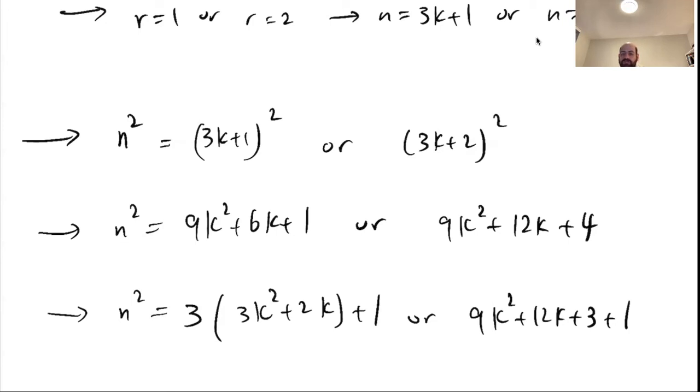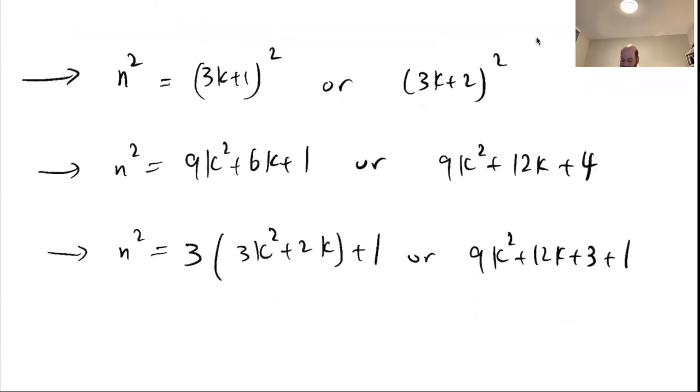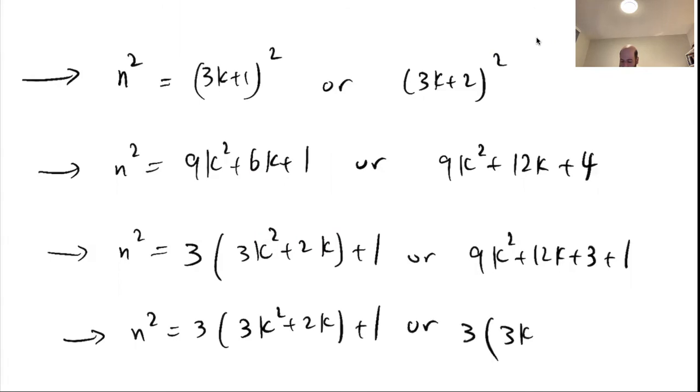If I write 4 as 3 plus 1, then 3 will appear and I can take 3 out from this term as well. So then I will have n squared equals 3 times (3k squared plus 2k) plus 1, or 3 times (3k squared plus 4k plus 1), and then plus 1.